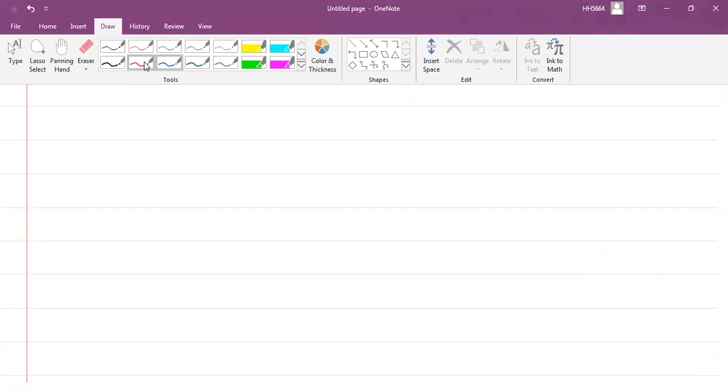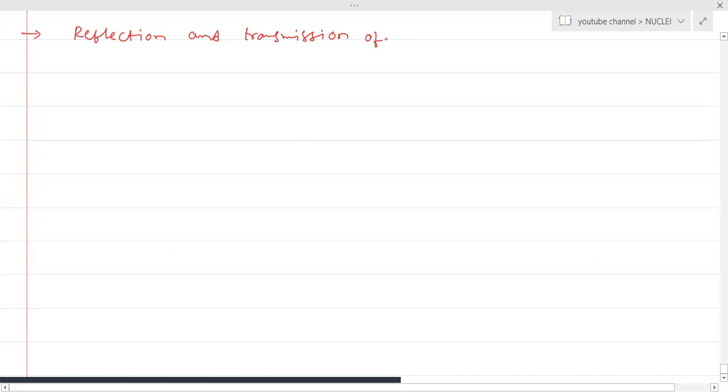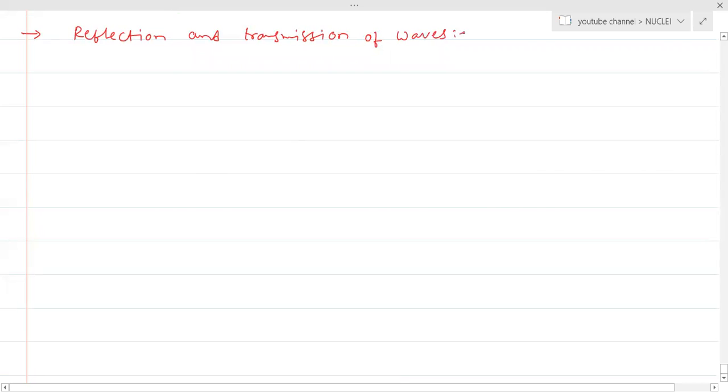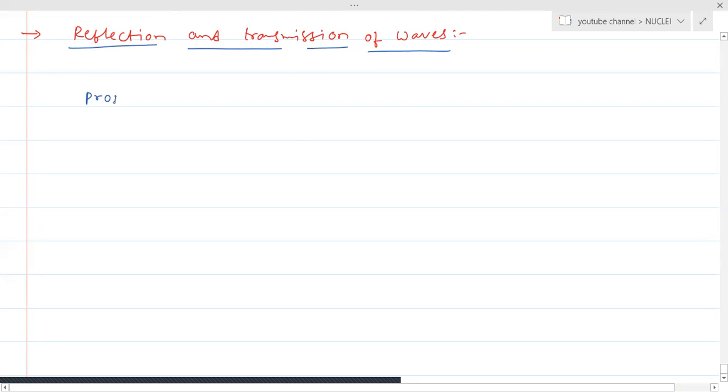Now we need to understand the most important and difficult topic, that is reflection and transmission of waves. We are taking the properties which change.